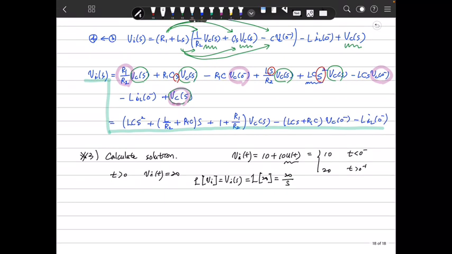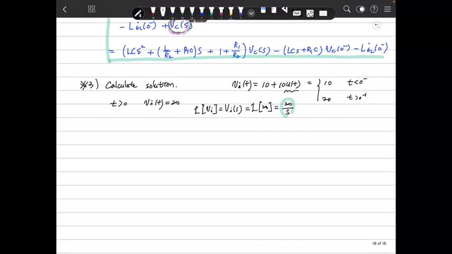So we need to think about this equation. These are their values. So 20 over s, we insert some variables L and C. L is 2.5, C is 10 milli, that means 0.01.